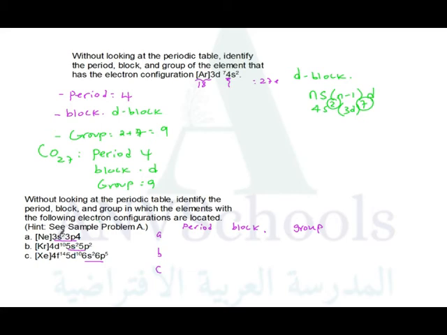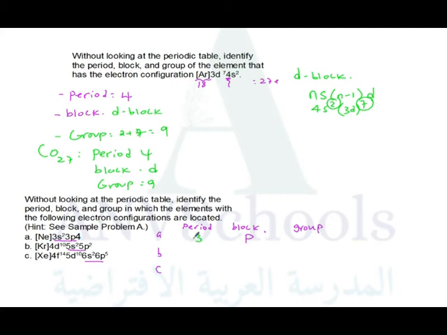The remaining 4 electrons enter the p. So the block is p block. The period is simply the outermost shell, the third shell. So period 3.